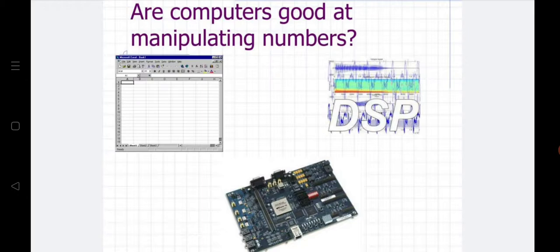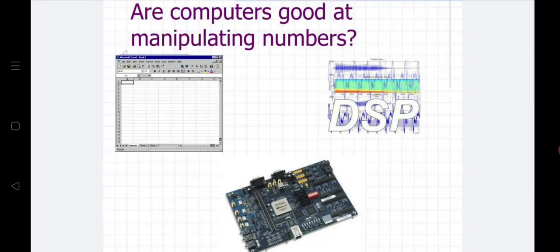Later on these systems were adopted to perform fractional arithmetic, and they were able to perform in terms of fractional values. Later on they started computing on analog signals, as you have already studied in your signals and systems subject, what a signal is and what an analog signal is.